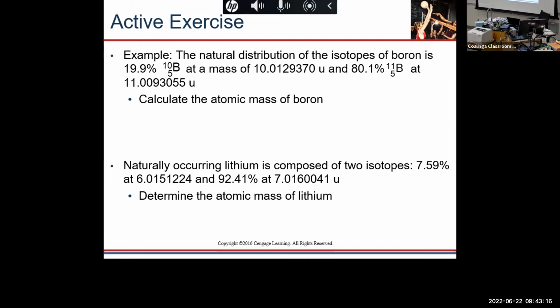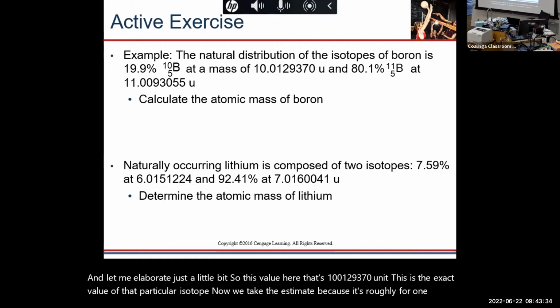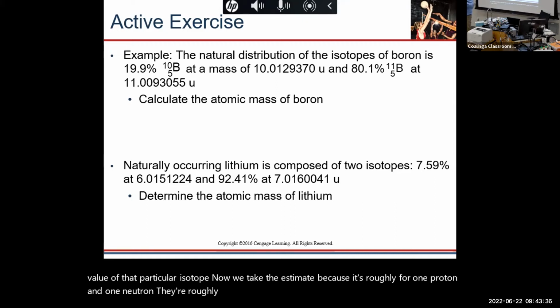And let me elaborate just a little bit. So this value here, 10.0129370 units, this is the exact value of that particular isotope. Now, we take the estimate because roughly, one proton and one neutron each weigh one, right? So a proton weighs one and a neutron weighs one.